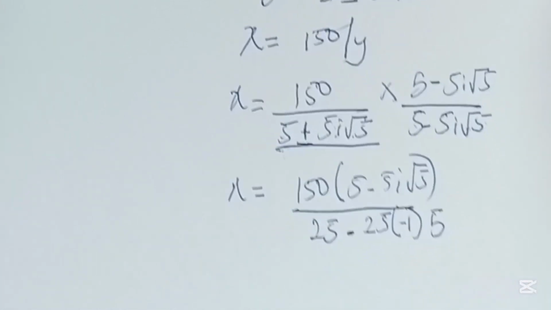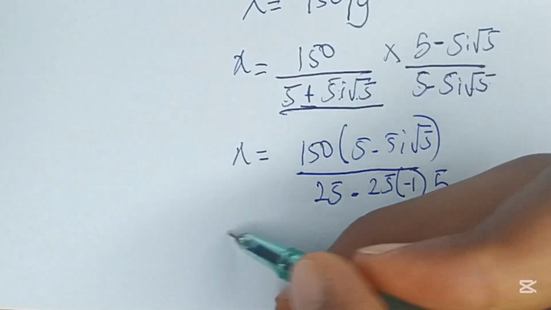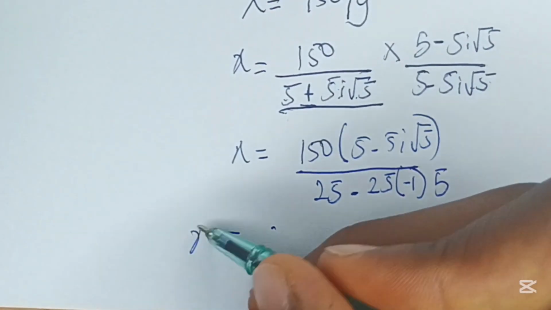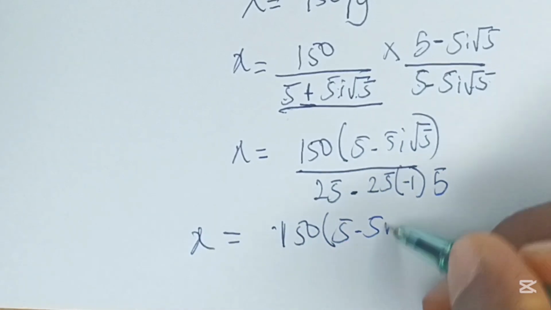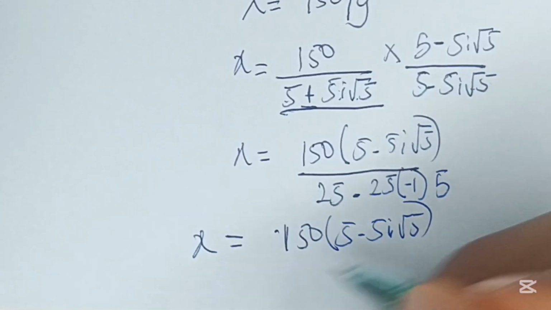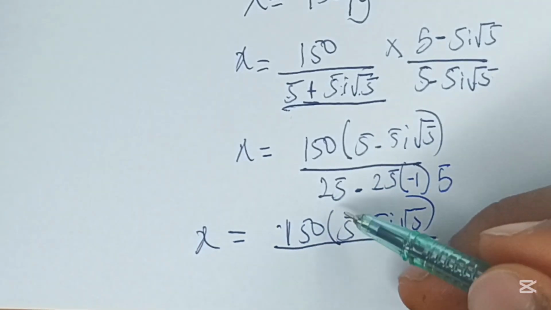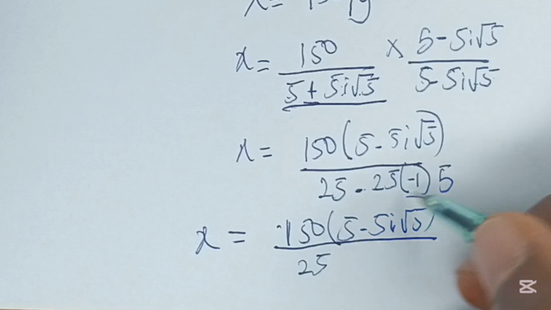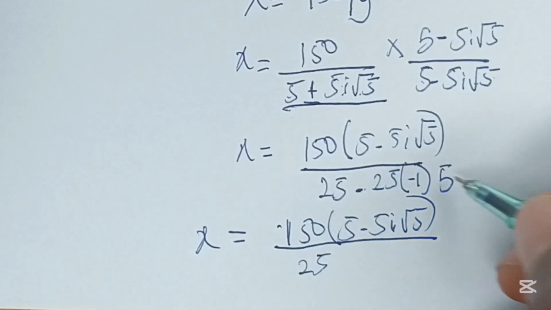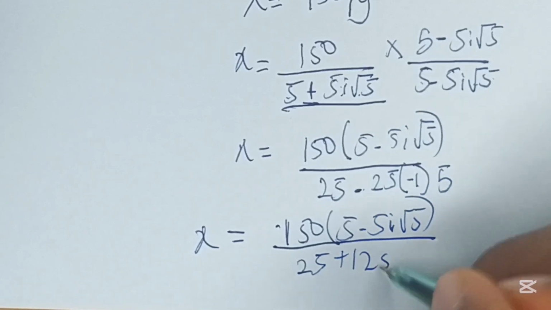So x becomes equal to 150 into 5 minus 5i root 5, divided by 25 minus 25 times minus 1, which is plus 25 times 5, which is plus 125.